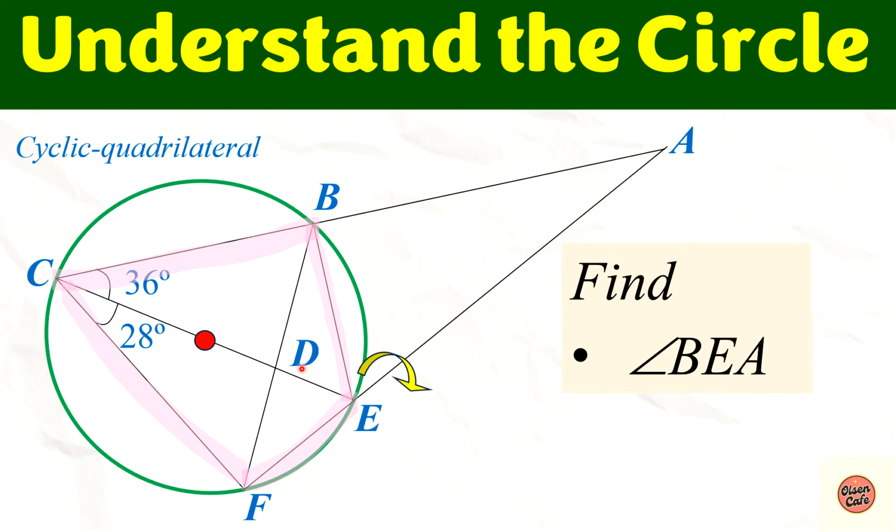So if I want to find angle BEA, all I need is to add up 36 degrees plus 28 degrees, and this will give us angle BEA. Hopefully you find this property very useful. You just got to identify the cyclic quadrilateral.